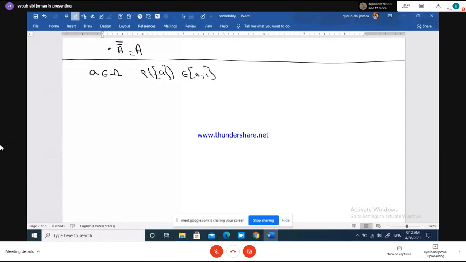The probability of A is the chance that this event will occur.